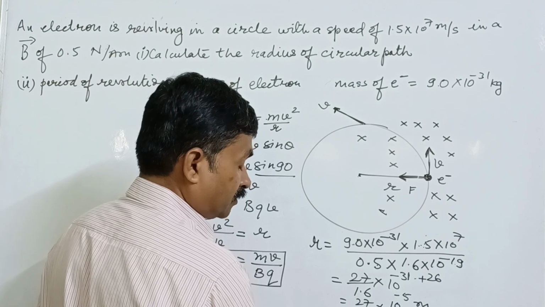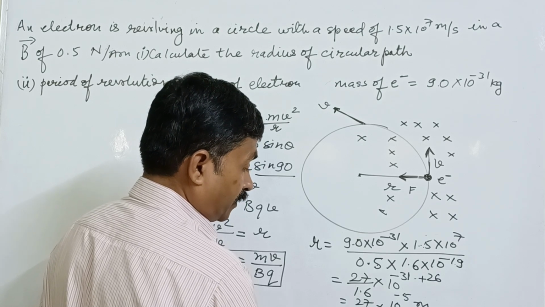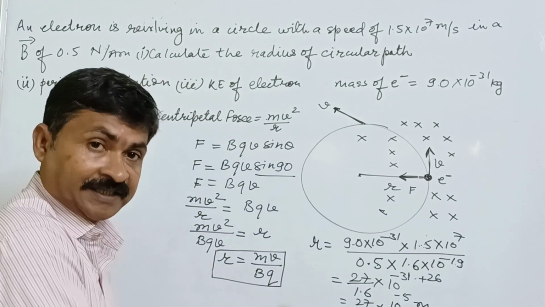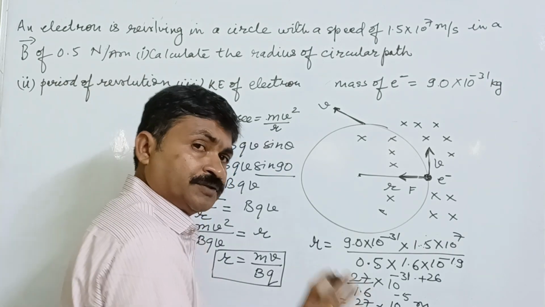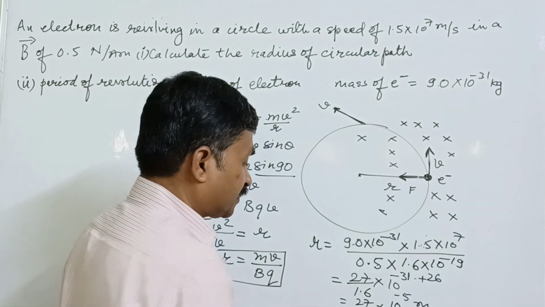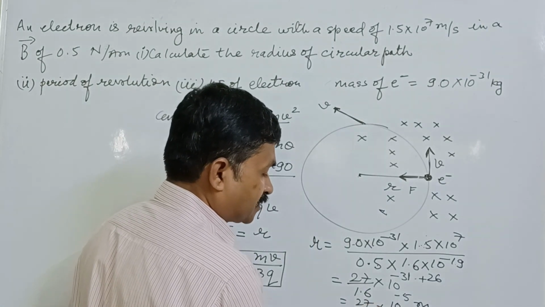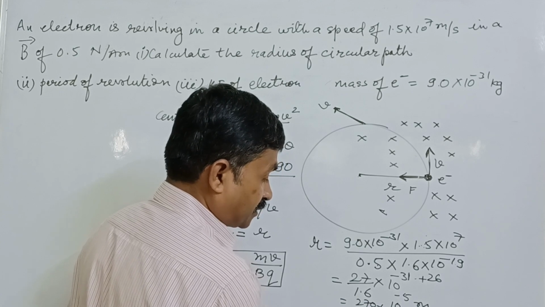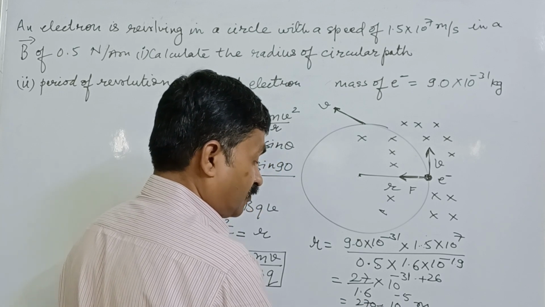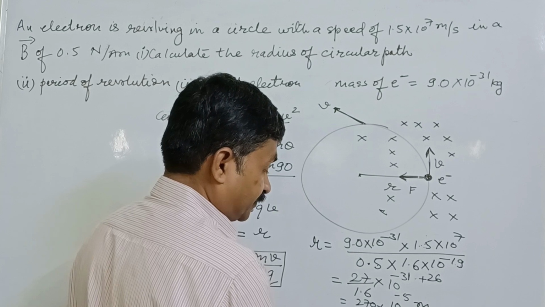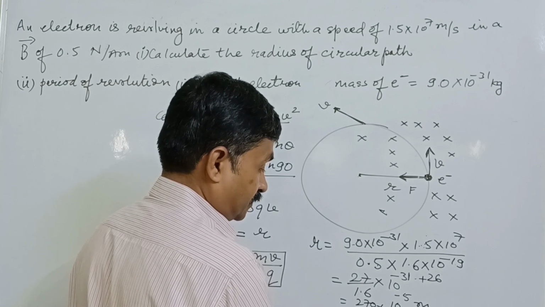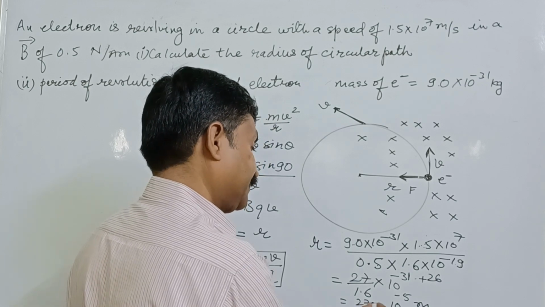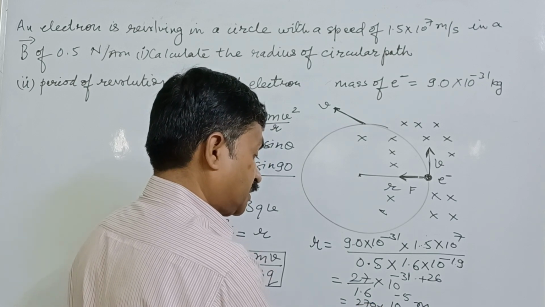We can take it as 270 divided by 16. You need to have very simple calculation. Don't need to go with this. Now I have taken here 270 divided by 16. 16 ones are 16.